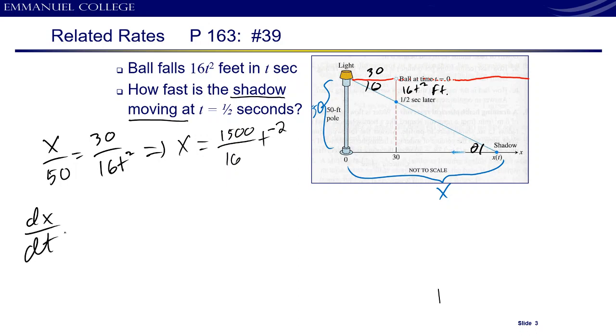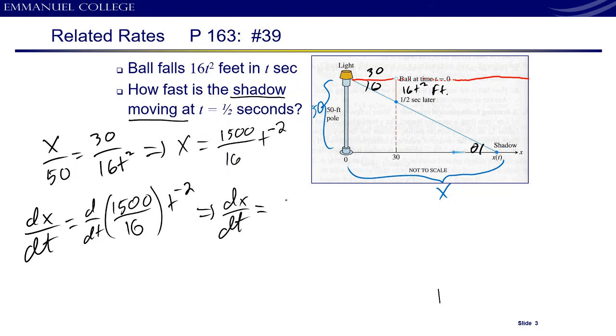So then I get dx dt is equal to... if I do the derivative with respect to t of 1500 over 16 times t to the negative 2, that's going to get me dx dt is equal to 1500 over 16 times negative 2 times t to the negative 3.